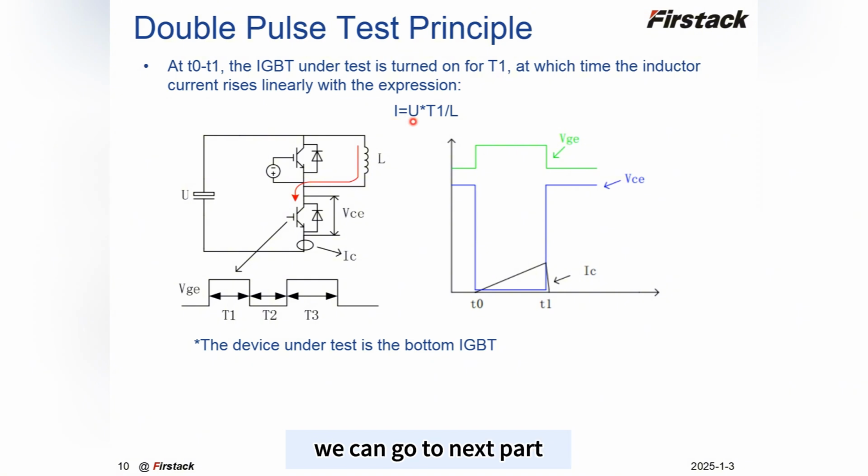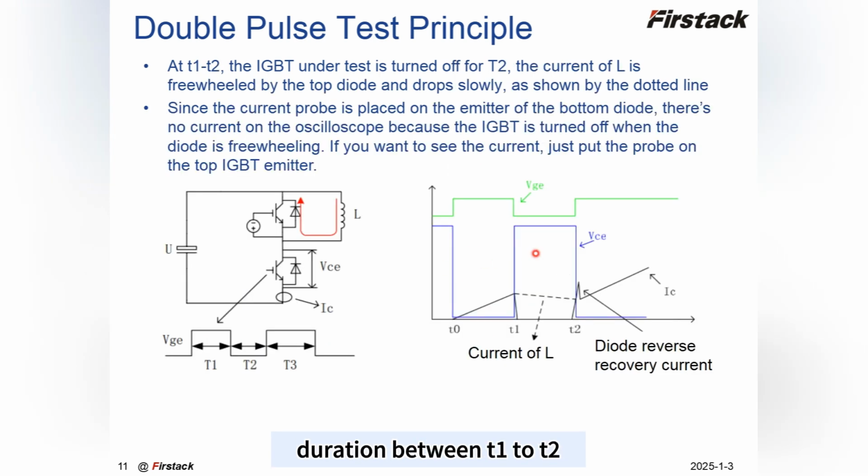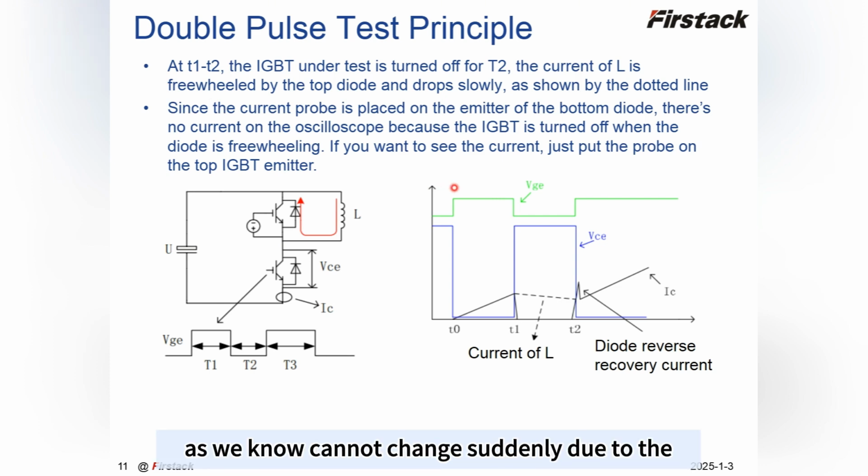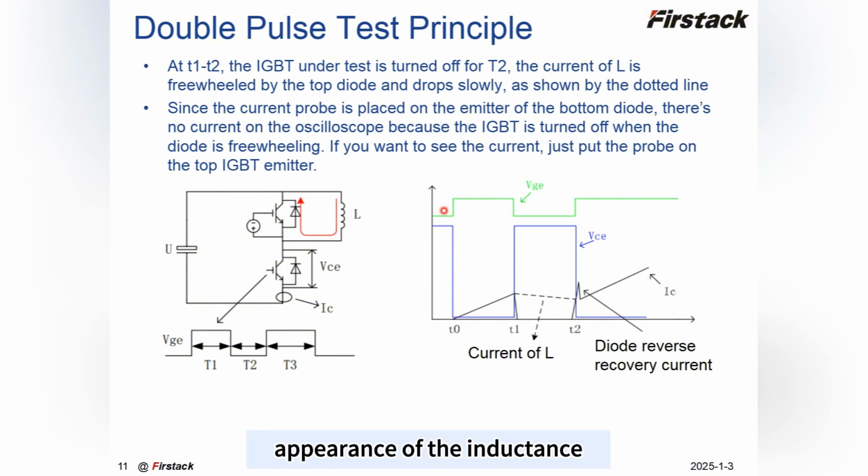So we can go to the next slide, which covers the time duration between T1 and T2. In the second stage, from T1 to T2, the IGBT is turned off, and the load current, as we know, cannot change suddenly due to the inductance. So the load current starts flowing from the inductance to the top diode.